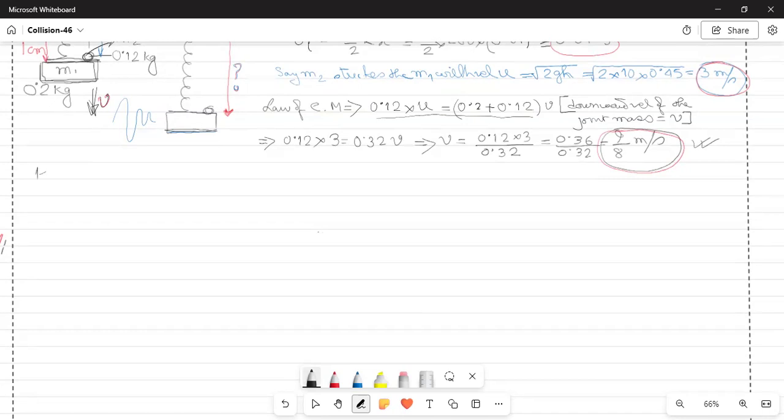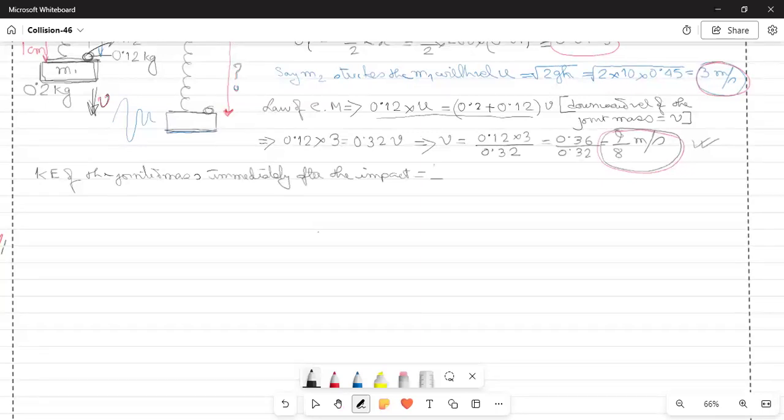So we write the kinetic energy of the jointed mass immediately after the impact is equal to half mv square.